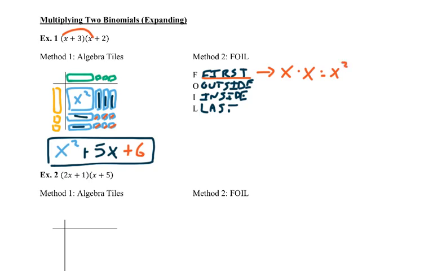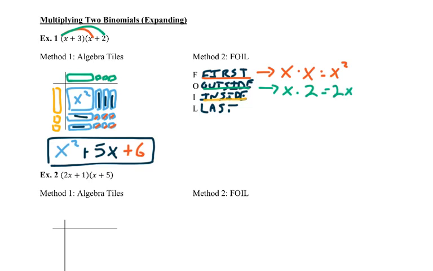Remember, when you multiply the same base, you add the exponents. For the outside terms, you multiply the first term in the first bracket by the second term in the second bracket. So here, x times 2, which gives us 2x.